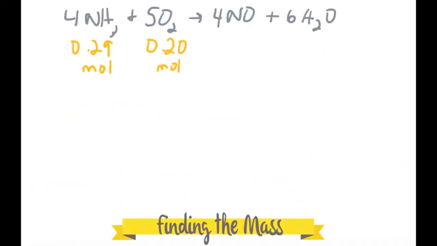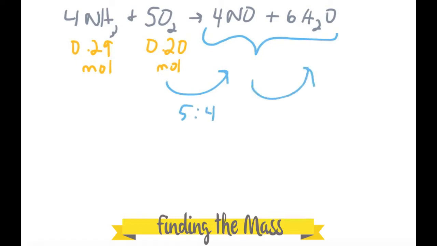Now that we have the 2 molar measurements for the reactants, we can now find the 2 molar measurements for the products by using ratios. The ratio from here to here is 5 to 4, and the ratio from here to here is 4 to 6.